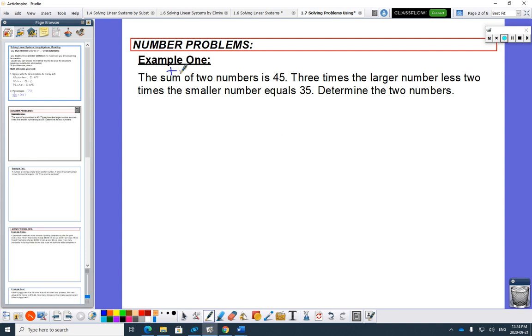So if we have two numbers, one of them has to be smaller and one of them has to be larger, and it really doesn't matter. Usually people choose to write x first, so then x will be the smaller number. It can be y, it doesn't matter. That's why let statements are so important, okay?